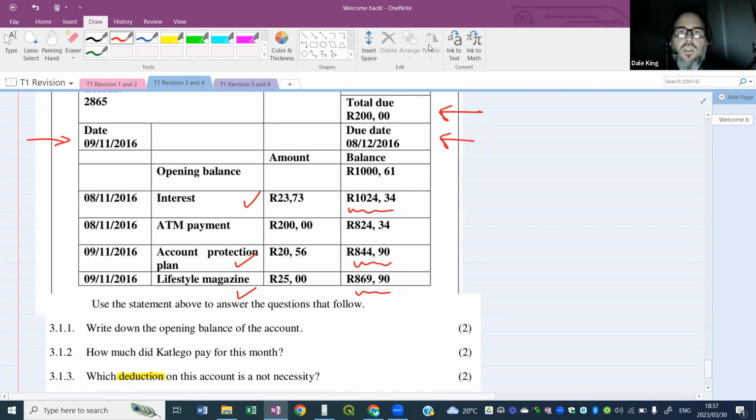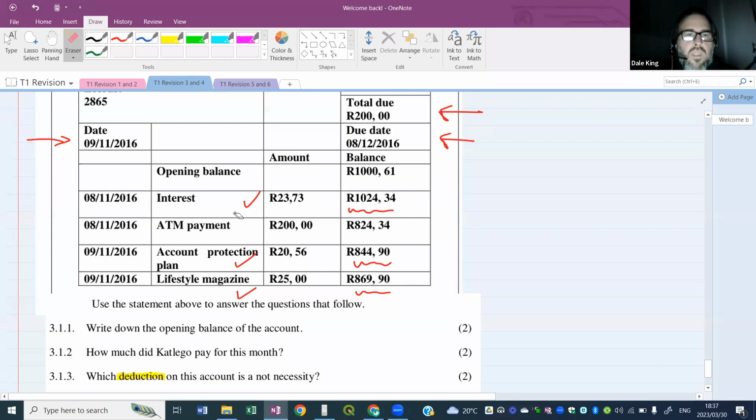Which one is not a necessity? All right. In other words, which one doesn't really need to be there? Doesn't have to be there. It's optional. Good, Lasedi. Well done. I would agree with you that the lifestyle magazine is not a necessity. Okay, out of all three here, the lifestyle magazine is not necessary.